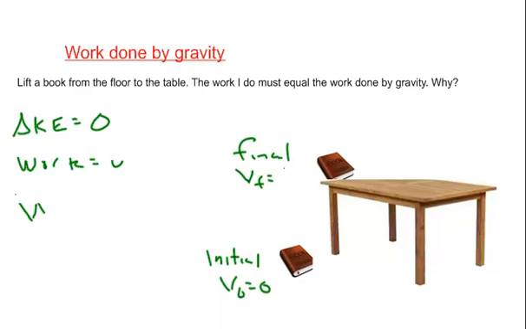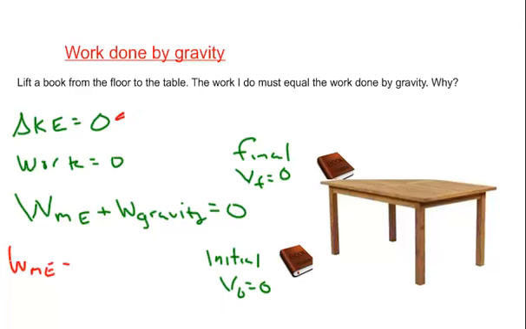There was the work done by me, and there was work done by gravity. And this, as I said, must be 0 because the change in kinetic energy was 0. So the work done by me must equal negative the work done by gravity.